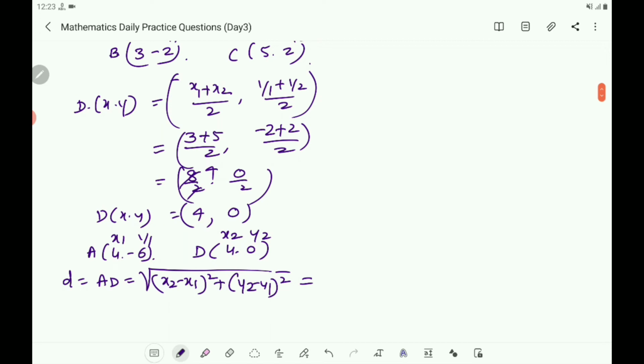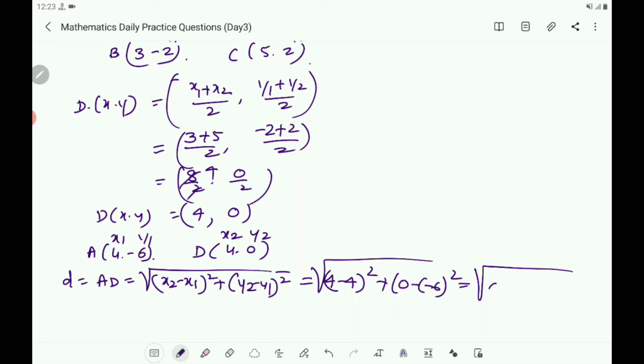Then you write x2 minus x1 is 4 minus 4 whole square plus y2 minus y1, y2 is 0, minus y1, that is minus of -6, whole square, that equals 4 minus 4 is 0, 0 square plus 0 plus 6 is 6 square.